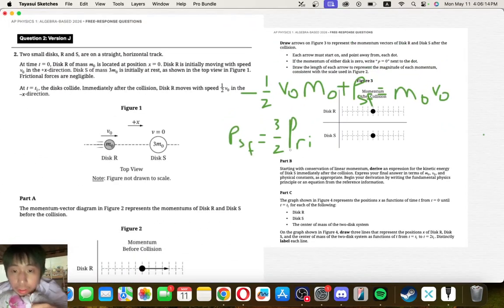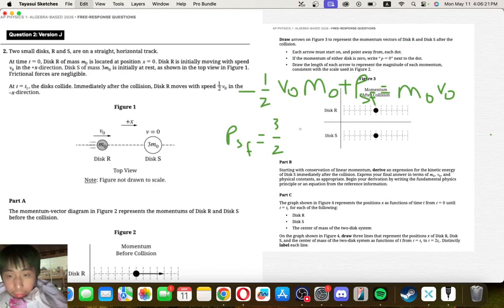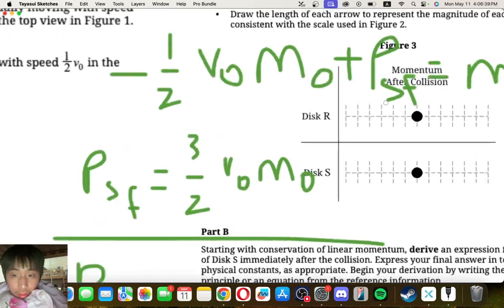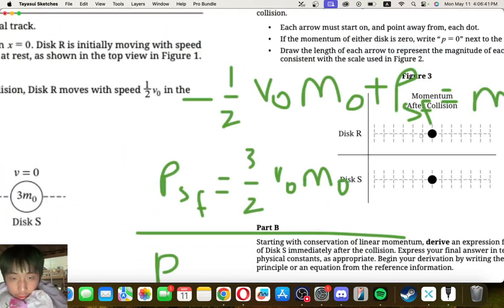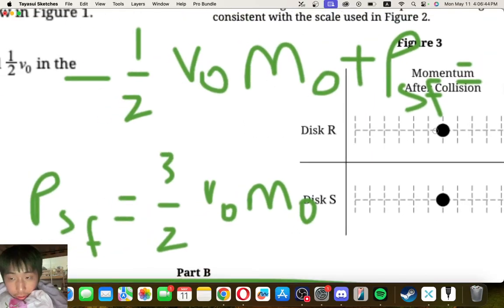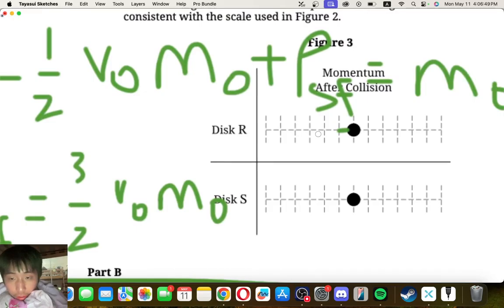But wait, you know what? I'll just write it as V0M0. So we take the ratio of this to find the vectors. If disk R is 1/2, I would draw it like right here.